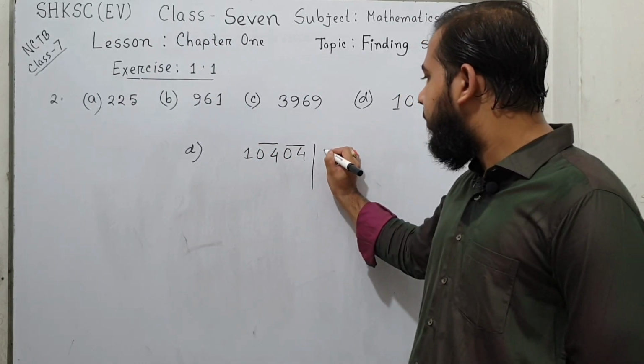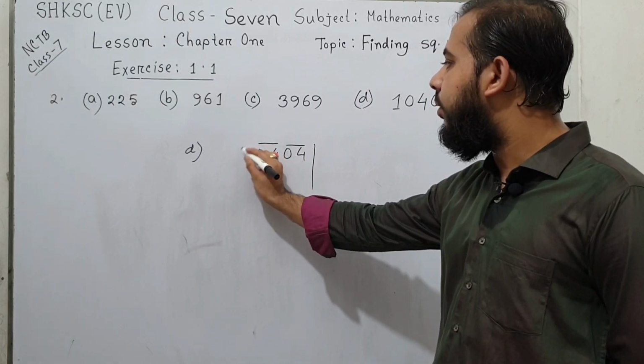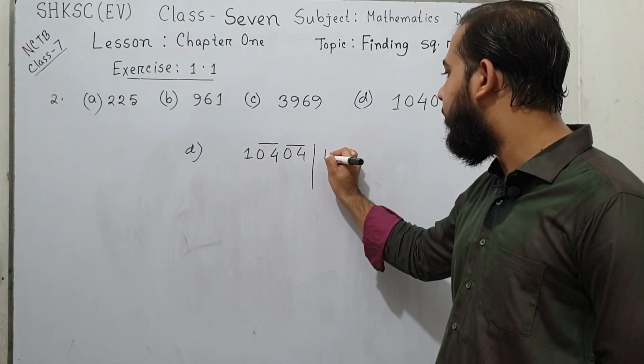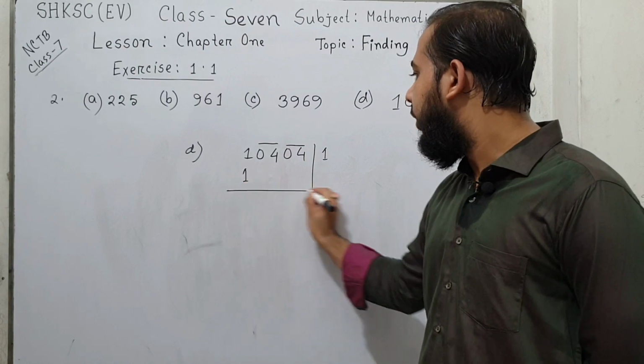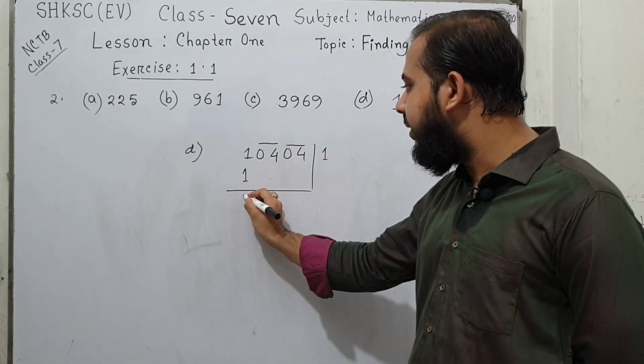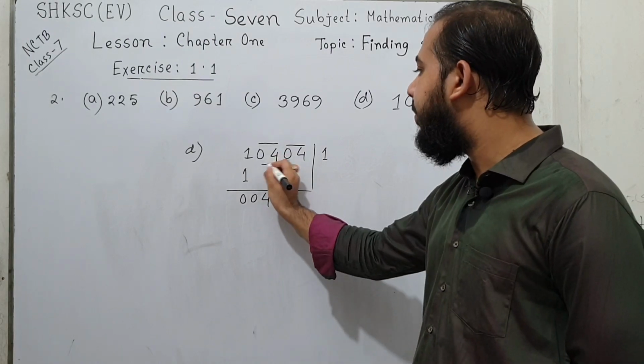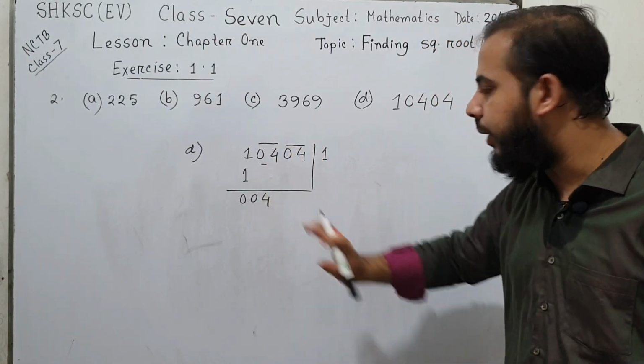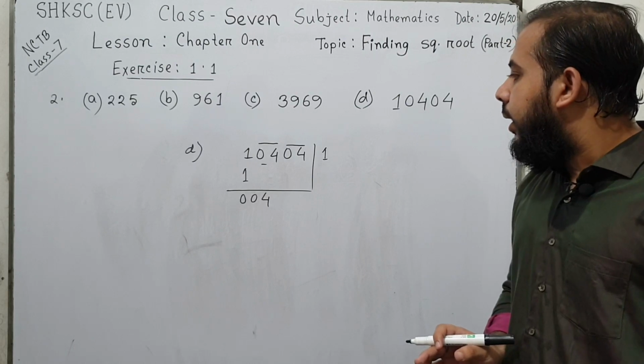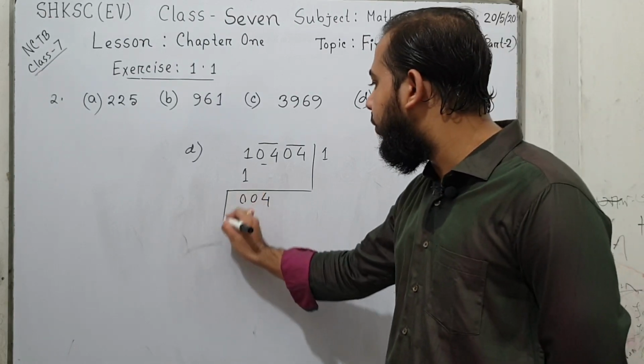So at first we take the perfect square closest to 1, so 1 times 1 is 1. If we subtract this, we will get 0, and then we put down the second pair. Only one pair we can put down at a time. Now see, you have to make it double.